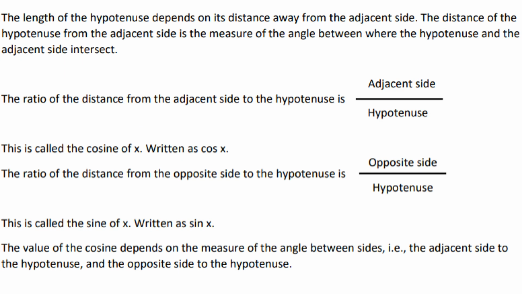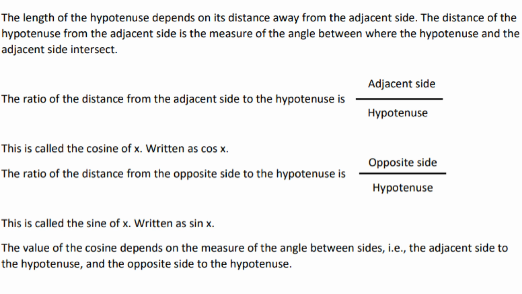The length of the hypotenuse depends on its distance away from the adjacent side. The distance of the hypotenuse from the adjacent side is the measure of the angle between where the hypotenuse and the adjacent side intersect. The ratio of the distance from the adjacent side to the hypotenuse is adjacent side over hypotenuse.